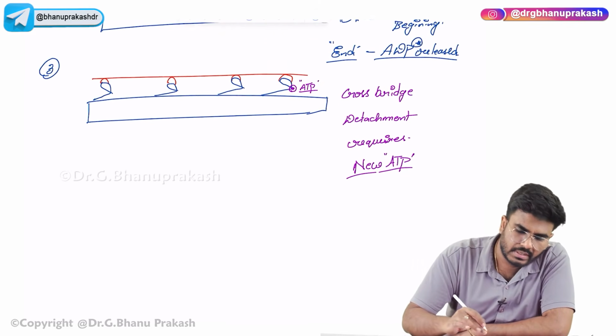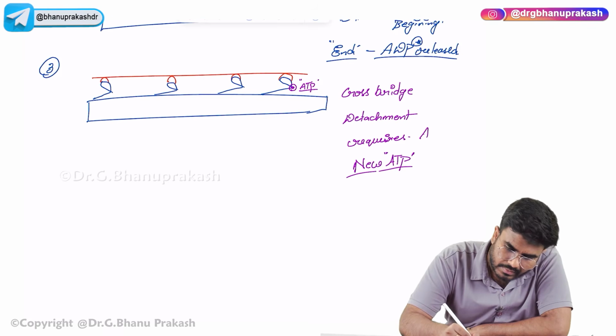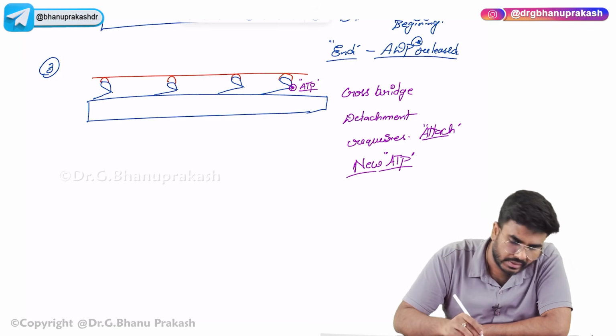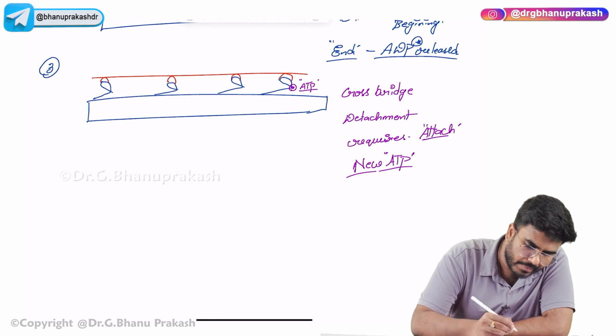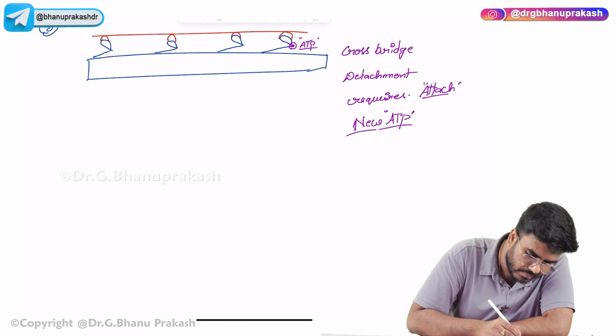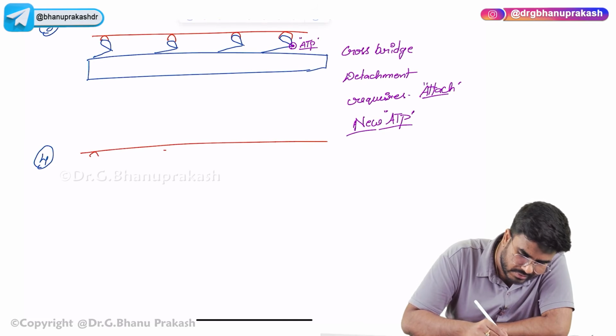Now what happens? Because of the attachment of the new ATP, just attachment, look what is happening. There is cross bridge breakdown. Let me write here what is happening. Here is the actin filament. These are the active sites.